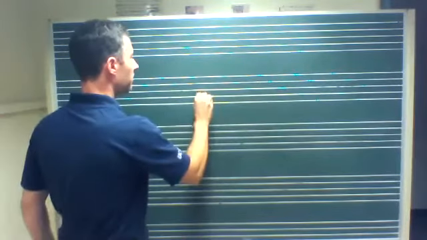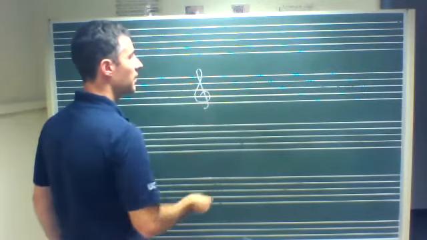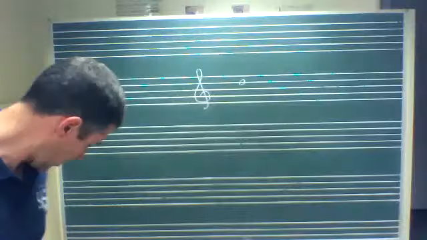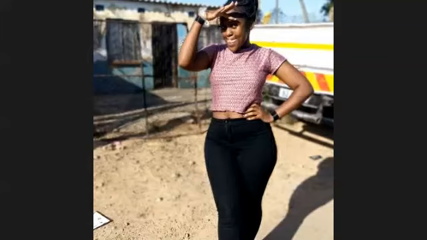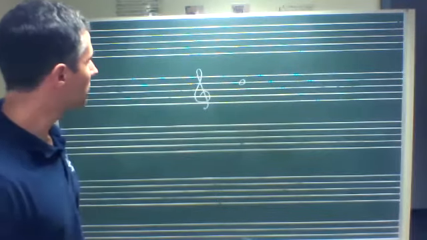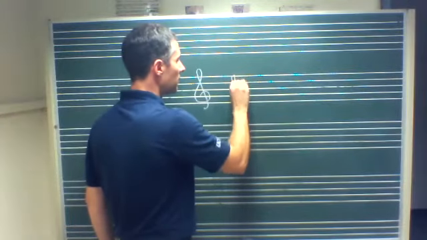So first, let's start with a treble clef. Like this. Who can tell me what note is that I've written over there? A D, correct. It's a D. Now, what is this?